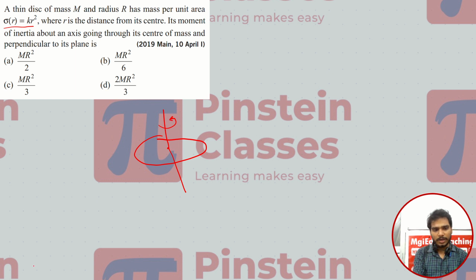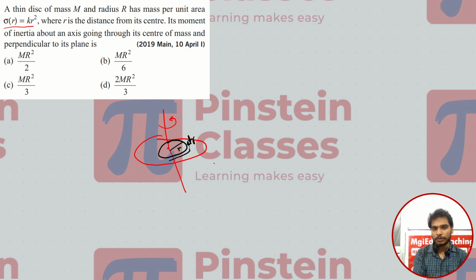To calculate moment of inertia, we will take an elementary ring which is at a distance r from the center, and has width dr.